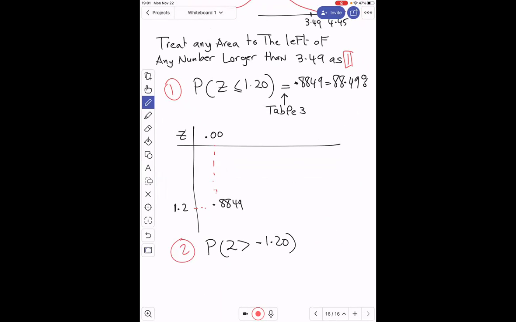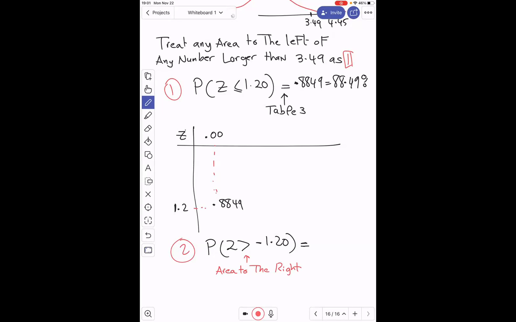As I said, larger or larger or equal doesn't change the probability. And if it's larger, then it means that's the area to the right. It's not to the left.